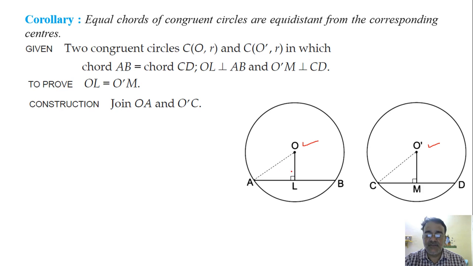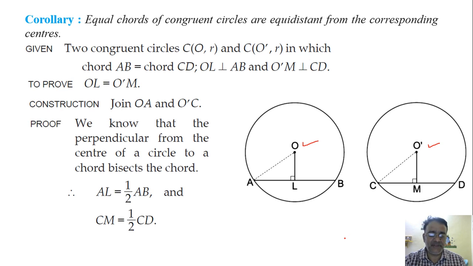Now we'll take these two triangles, but before that, the same thing we used there: the perpendicular drawn from the center to a chord bisects the chord. So AL is equal to half of AB, CM is equal to half of CD. Same step. Okay, and AB is equal to CD, it is given, so half of AB will be equal to half of CD, and this will imply AL is equal to CM.